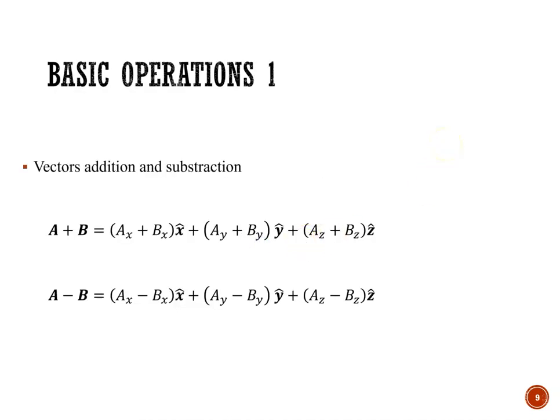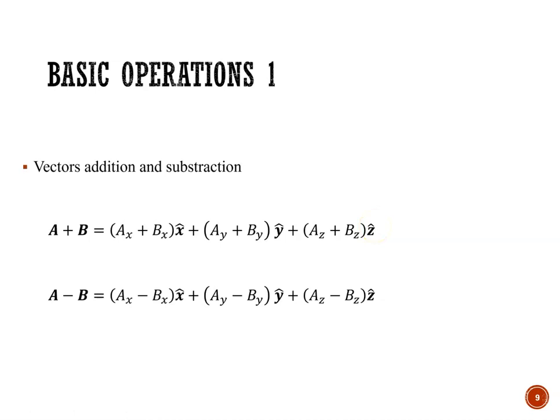Vector addition and subtraction. When you have two vectors A and B and you want to add them together, that would be adding up the scalar quantities. So you have ax plus bx times x hat plus ay plus by times y hat plus az plus bz times z hat.